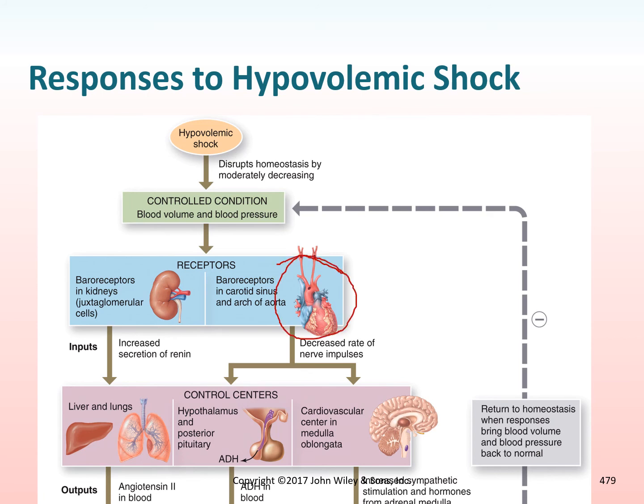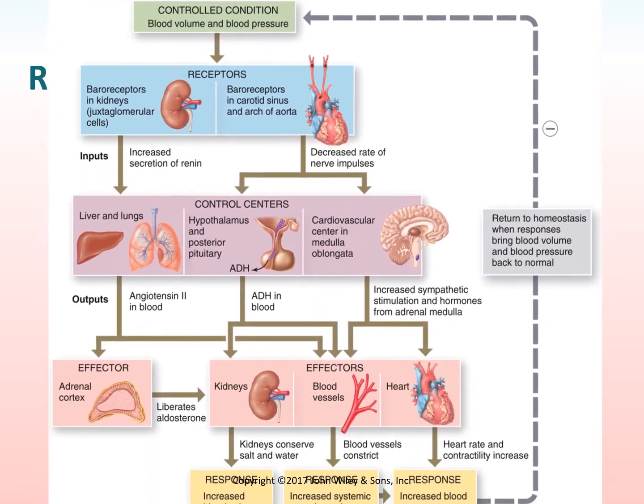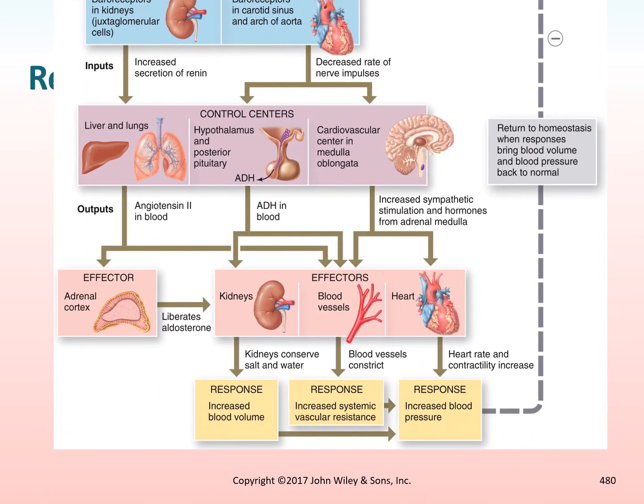The quick response is a nerve response. The slow response is a kidney or hormonal response. The quick response will result in the heart beating faster, blood vessels tightening up, and urinating less, and there will be responses that include hormones going up that save sodium.